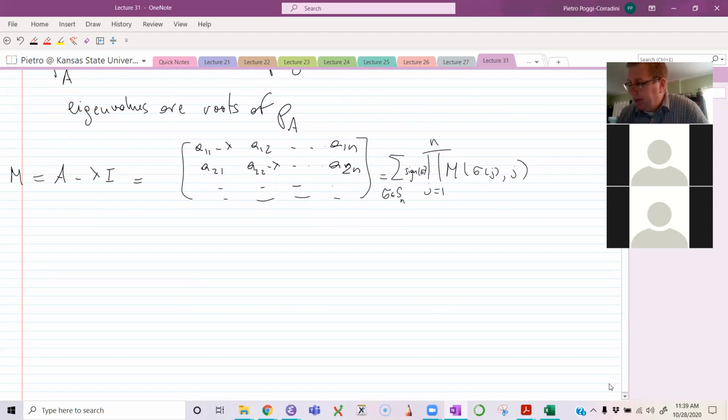Well, okay, so let me maybe remind you. Determinants are linear in each row and in each column, right? You can add things. So let's see.